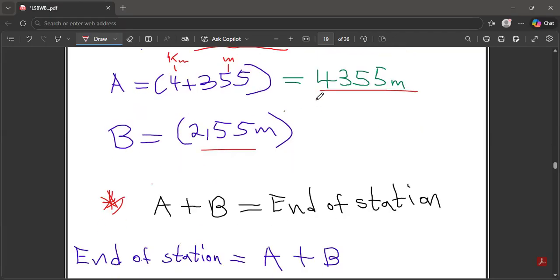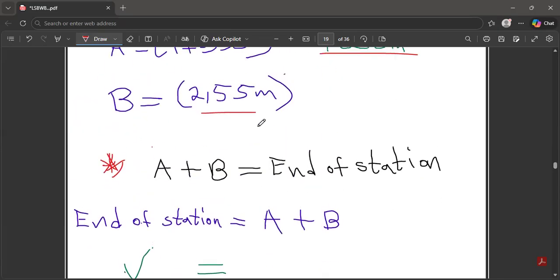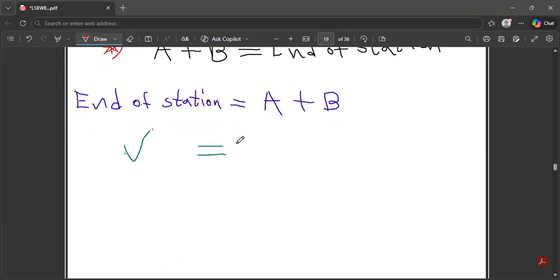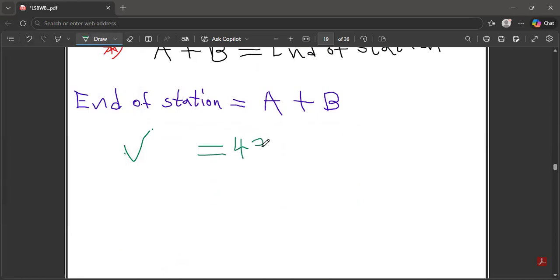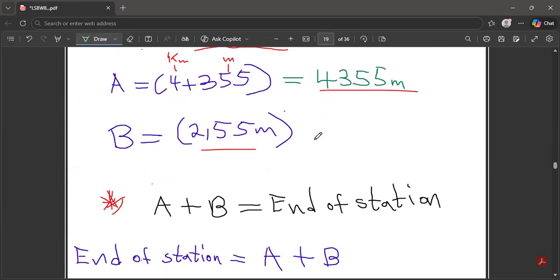Okay, so this over here, let's go and add 4,355 plus the B, 2,555. This one we forgot to add 1,5 to it, so let's quickly add it.